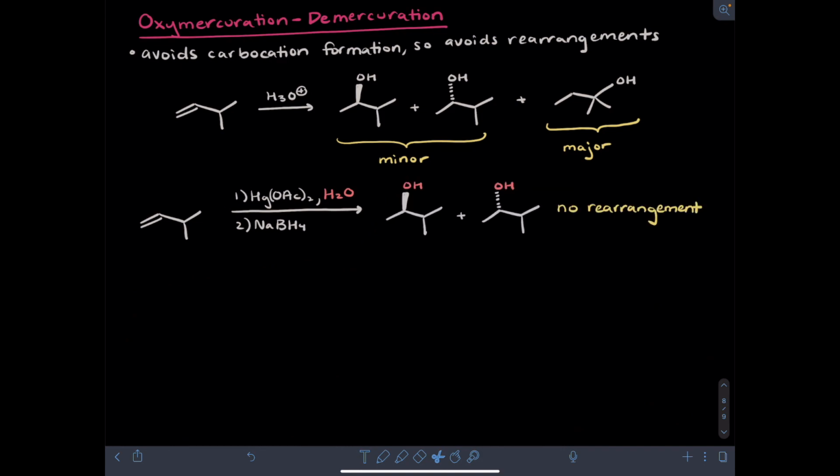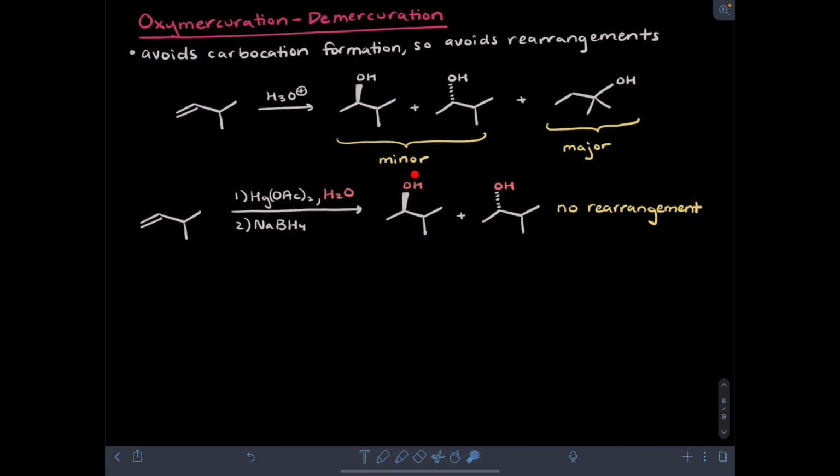These 2 steps would give you the product where you add hydrogen to the less substituted carbon of the alkene and OH to the more substituted carbon of the alkene. If you generate a new chiral center, both stereoisomers of product will be formed, but no rearrangement will occur.